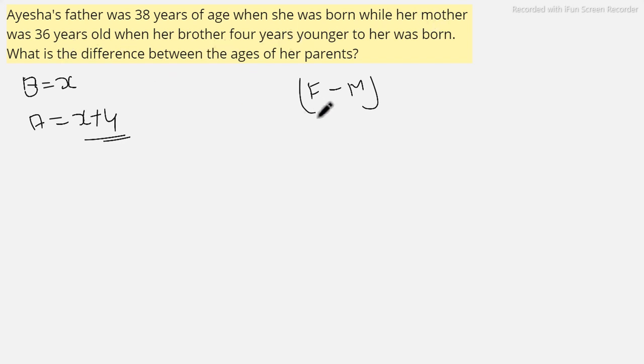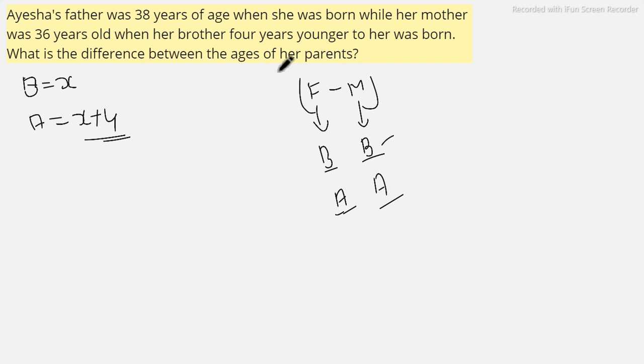So in order to find the difference between the ages of father and mother, we have to take one common point, like the age of father and mother when the brother was born, or when Aisa was born. Then only we can find the difference, right? But in the question, the age of the father is given when Aisa was born, and the age of the mother when her brother was born. So we'll have to make it even.